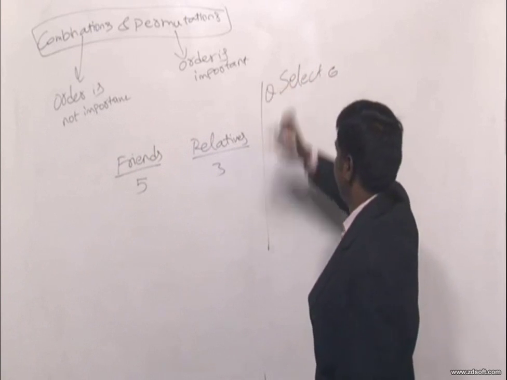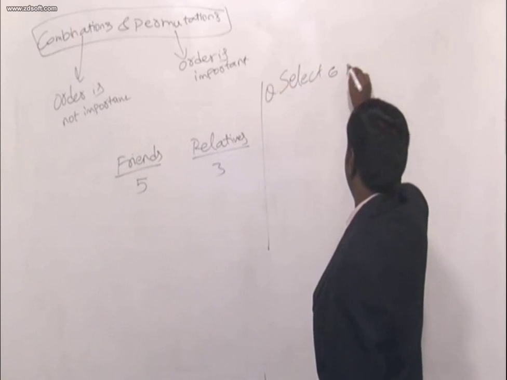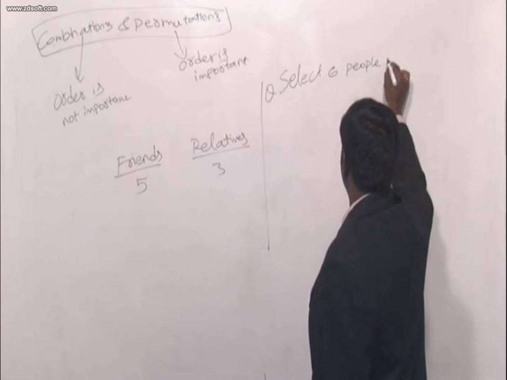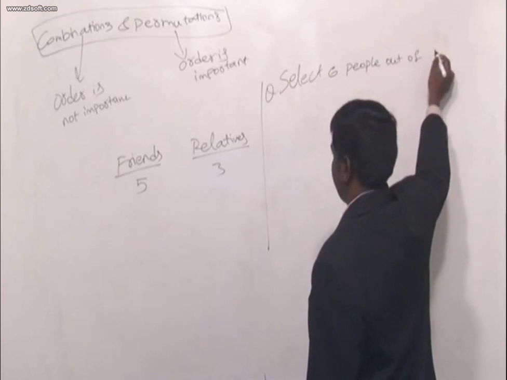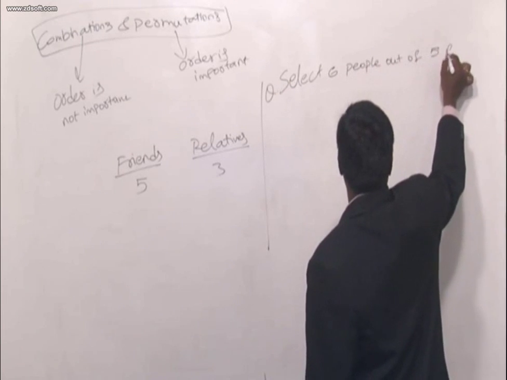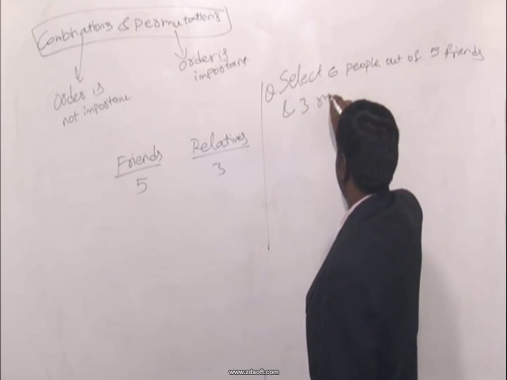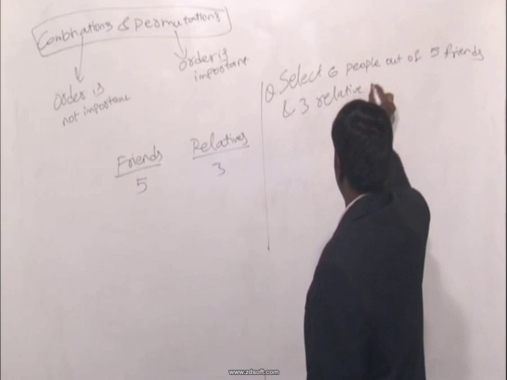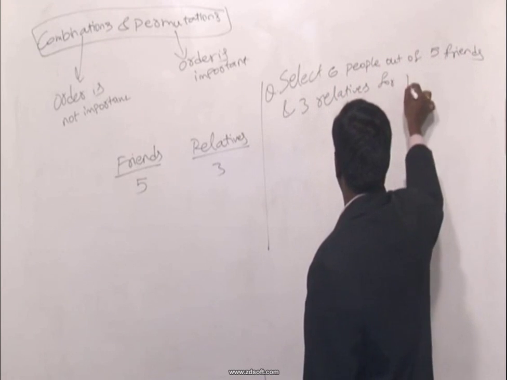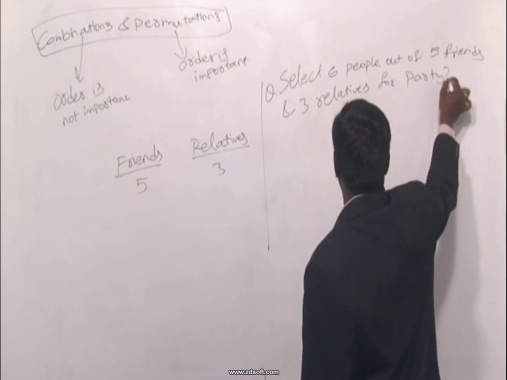So very basic question, select 6 people out of 5 friends and 3 relatives for party.